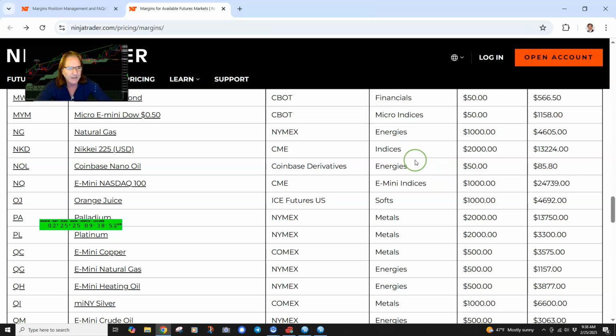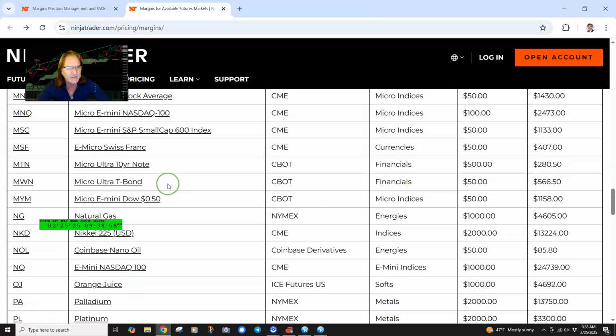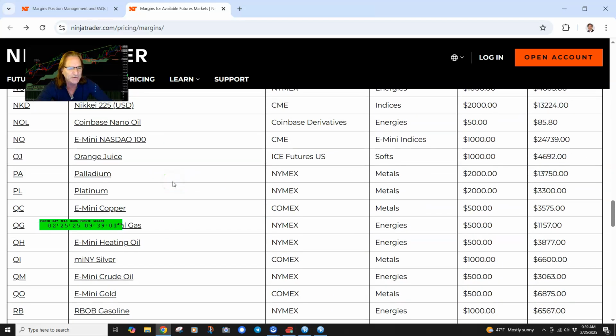And any of these instruments, by the way, anything you can trade in NinjaTrader, any of these instruments you see, look at them all. There's a ton of futures, okay? Any of these instruments you can trade in NinjaTrader. You can trade automatically with this program, okay? Automatic trading is now in the reach of the average trader, okay?